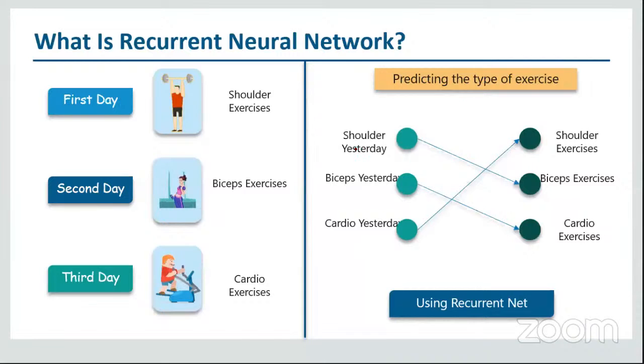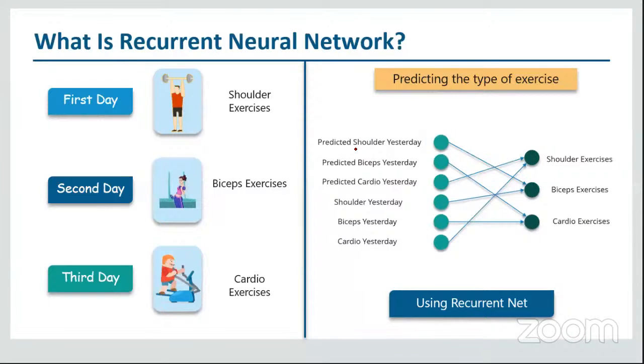That is the way you predict the type of exercise, which means predicted shoulder yesterday gives you a real map to bicep exercise. Predicted biceps yesterday means it goes to your cardio. Predicted cardio yesterday goes to the shoulder.